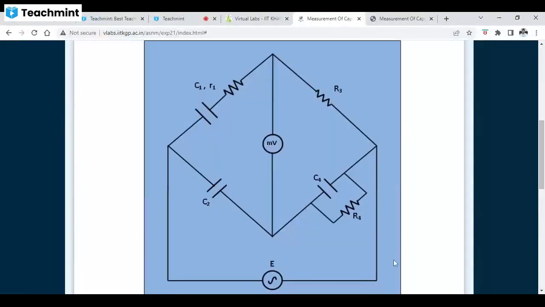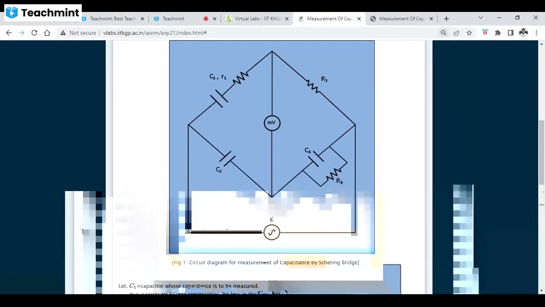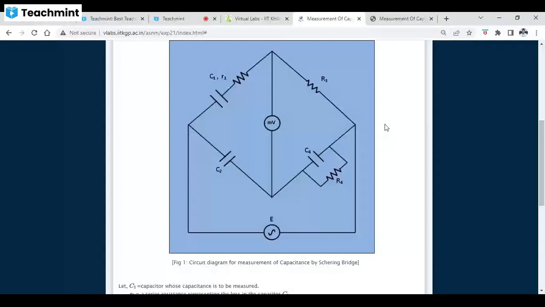This is the circuit diagram of the Schering bridge, with a millivoltmeter, and this is R1, R3, C4, and R4.